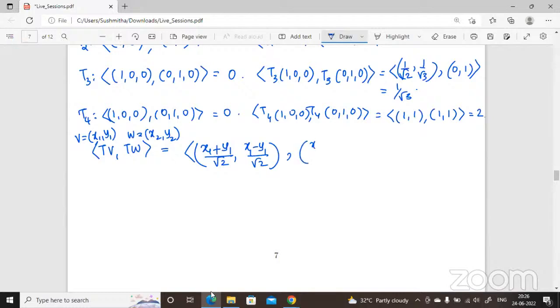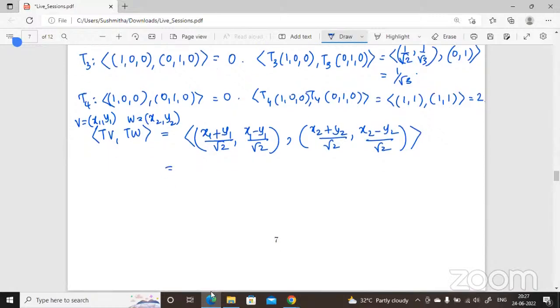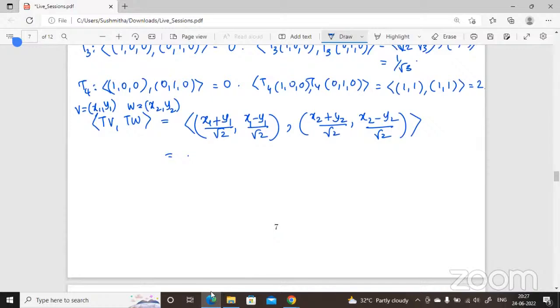Same for W: (x2 plus y2)/root 2, comma (x2 minus y2)/root 2. I can take 1 by root 2 from both outside, as 1 by 2. So this is half of (x1 plus y1)(x2 plus y2) plus half of (x1 minus y1)(x2 minus y2).